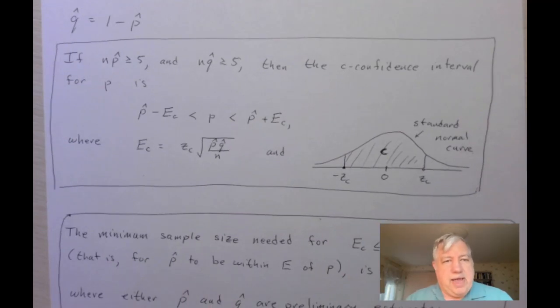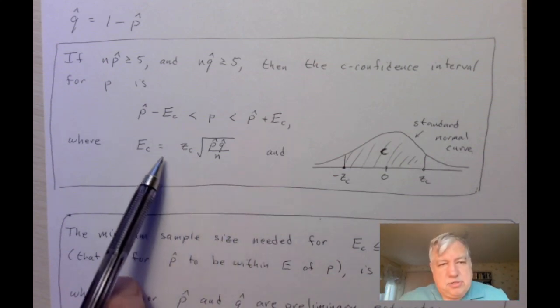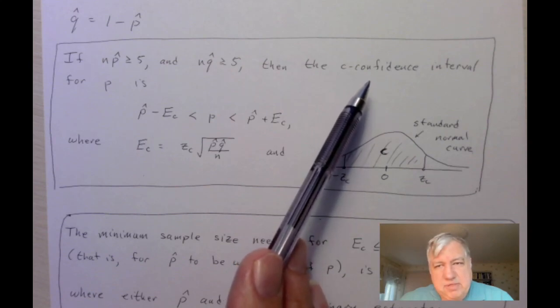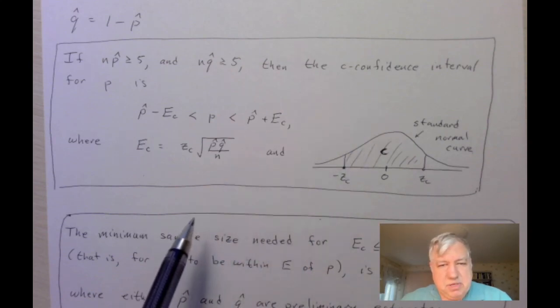The reason why this works, and why we need q hat, is this: as long as n times p hat and n times q hat are both at least 5, then we can go ahead and find a confidence interval for this proportion. We say that p is going to be between p hat minus E sub c and p hat plus E sub c, where c represents the level of confidence in our interval, or in our estimate.